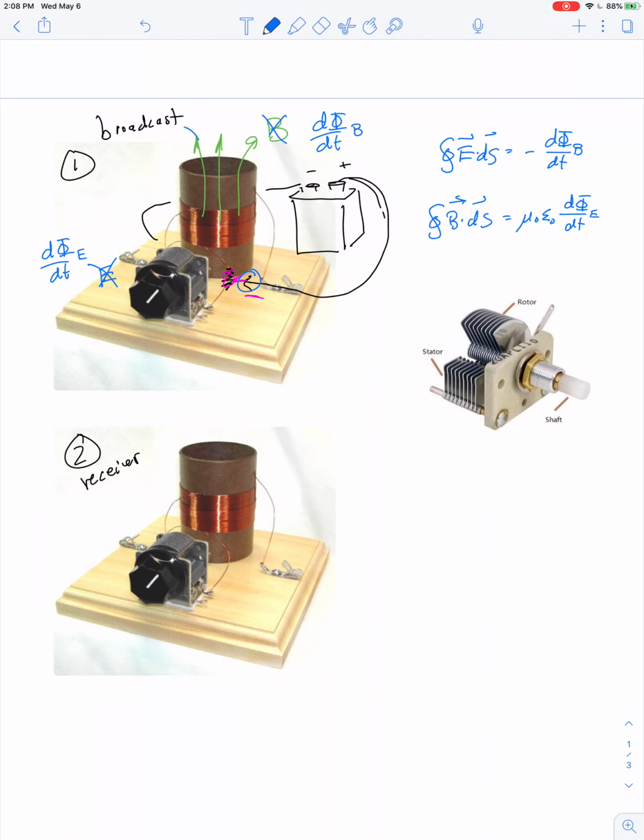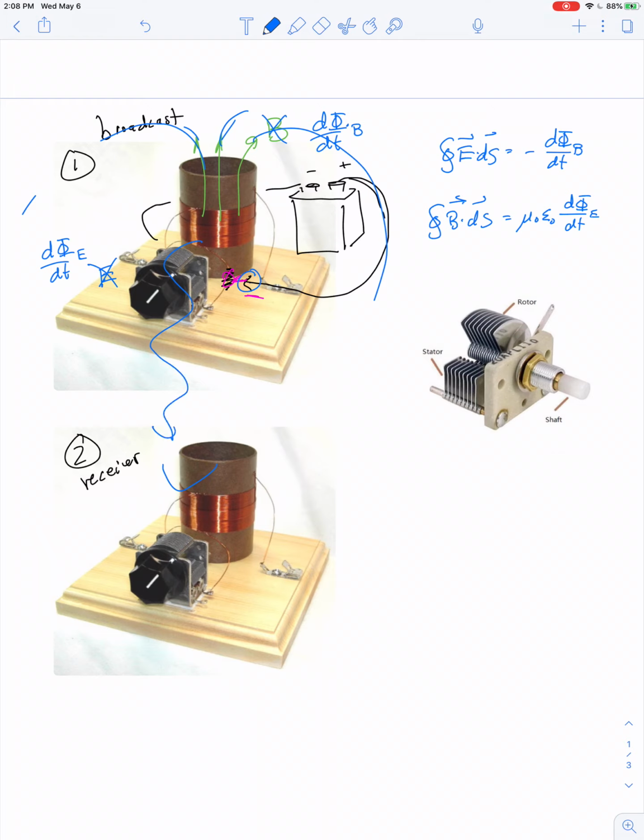So you don't just send magnetic field lines from the primary circuit or the broadcast circuit to the second one. You're actually sending varying electric and magnetic fields. They travel as electromagnetic radiation from one circuit to the next.